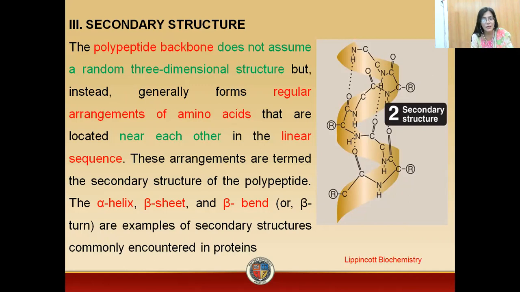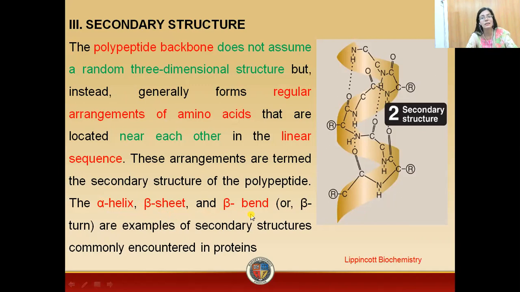But in the secondary structure, these amino acids are near to one another, and there is involvement of the alpha helix, beta sheets, and beta turns. In the primary structure, there was just a linear structure of amino acids, but in the secondary structure we are discussing the helix, the sheet, and the turn: the alpha helix, beta sheet, and beta turn.